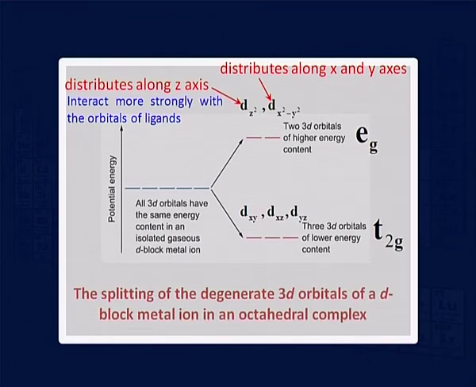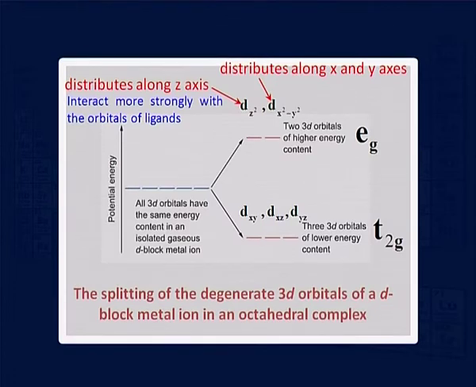This is how the degeneracy is removed, and we have two groups, namely Eg and T2g. Eg is the higher energy orbital set, in which we have 2, namely dx square minus y square and dz square, and the lower energy group of 3 orbitals, namely dxy, dyz and dzx.